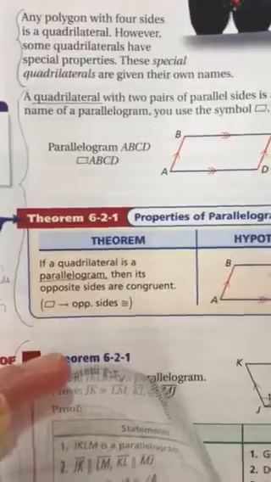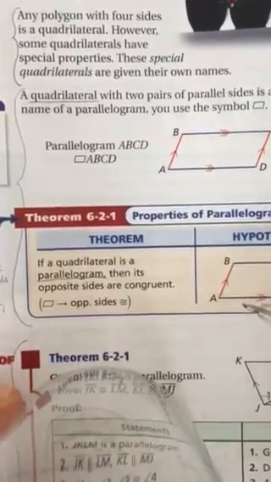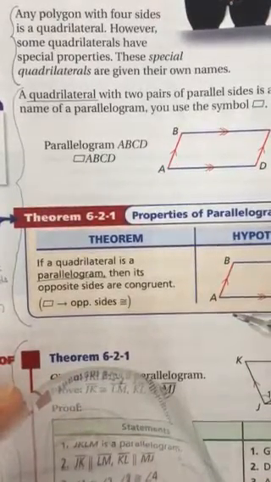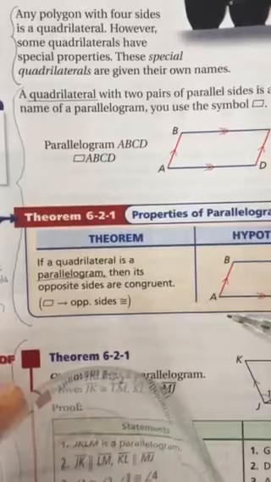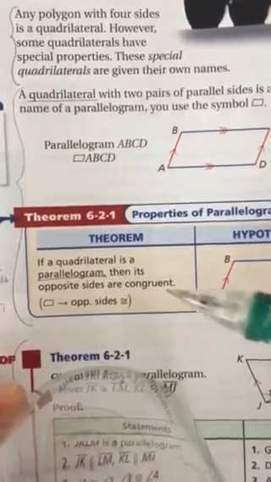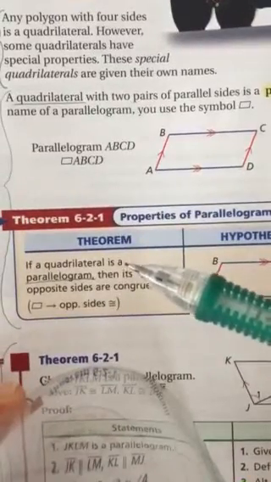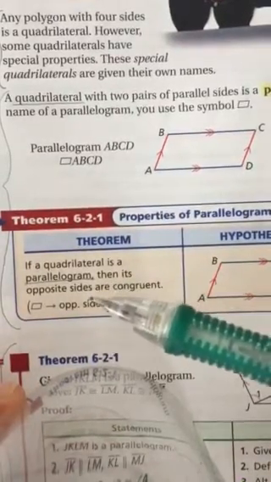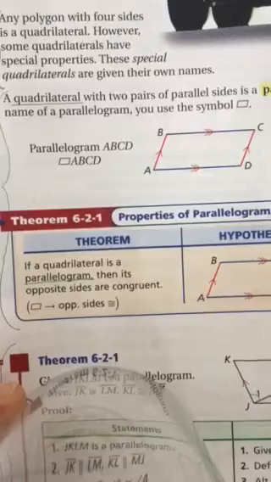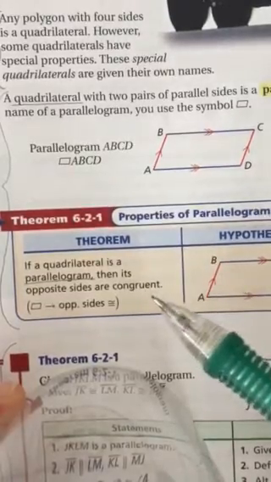All right, we're going to look at other properties of a parallelogram, and we're going to be looking at the converses of them that come from lesson 6-3. So if you'll look at theorem 6-2-1 with me, if a quadrilateral is a parallelogram, then its opposite sides are not only parallel, but they are also congruent. Let's look at our figure.